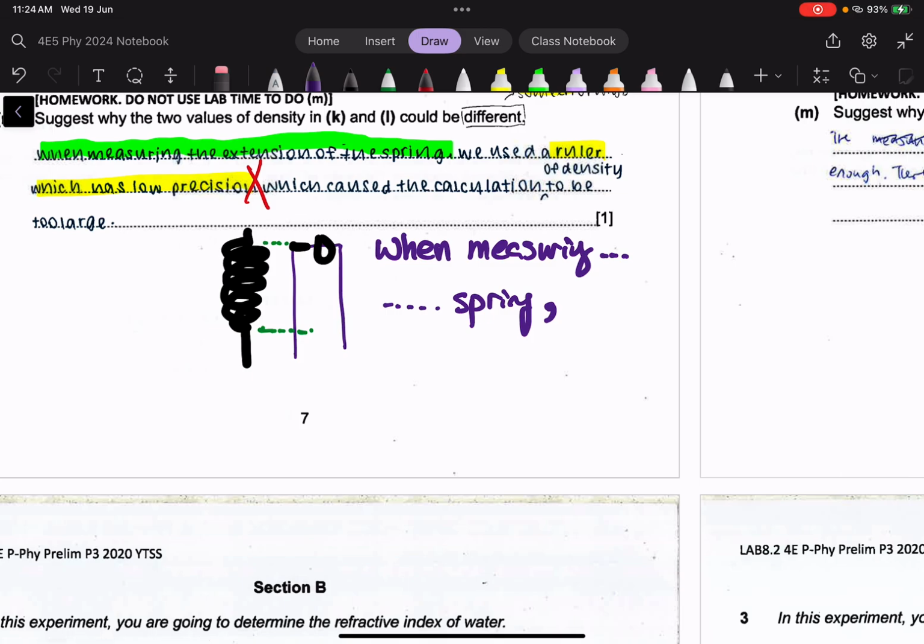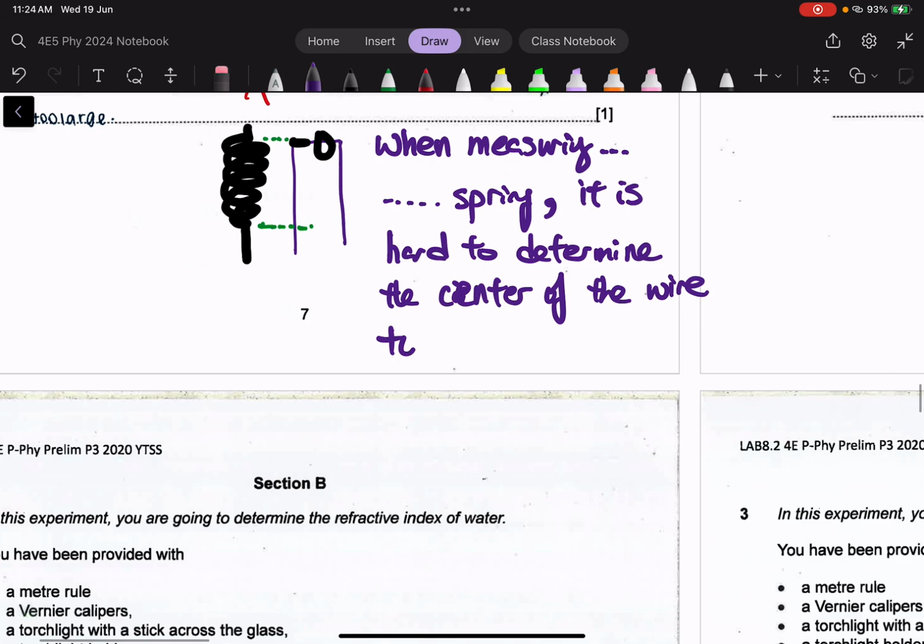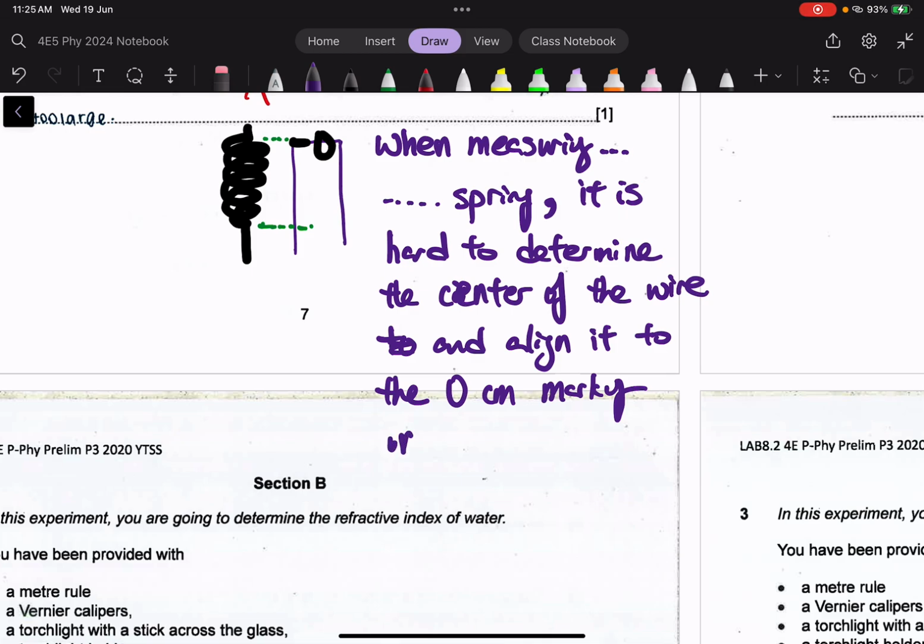The difficulty is it is hard to determine the center of the wire and align it to the 0 cm marking on the ruler, right?